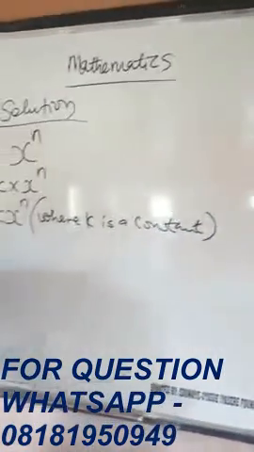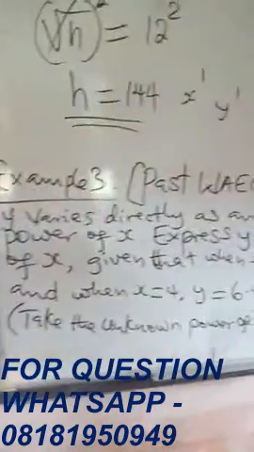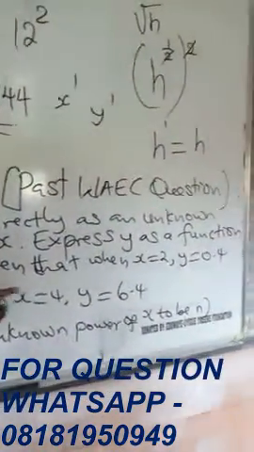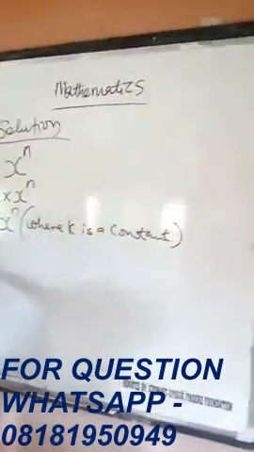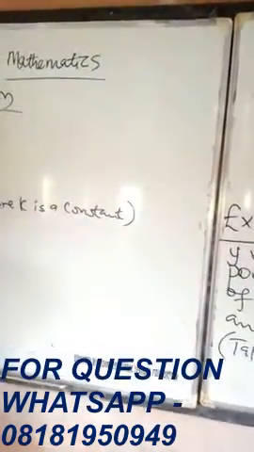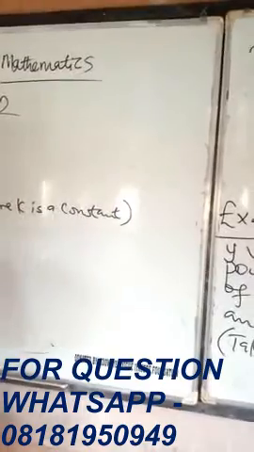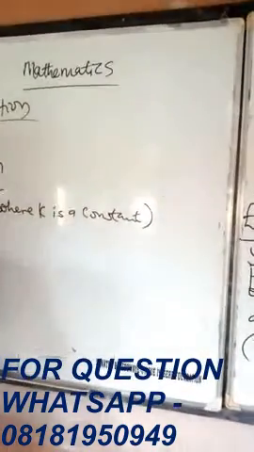Now we want to substitute what we have now. In the first place they say when s is 2, y is 0.4. When s is 2, I substitute 0.4 equals k times 2 raised to power n.